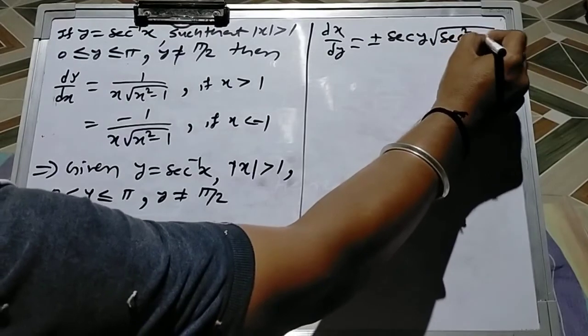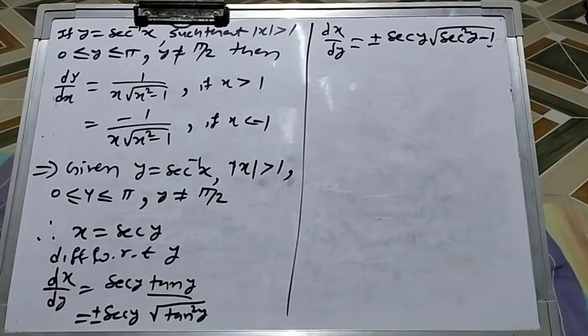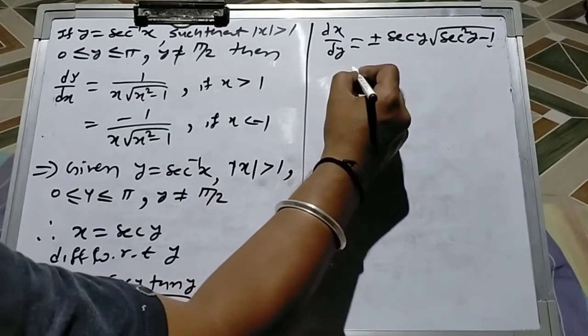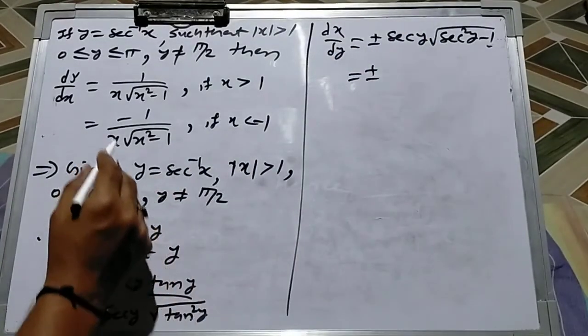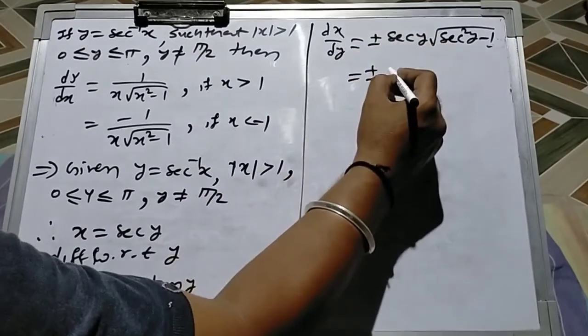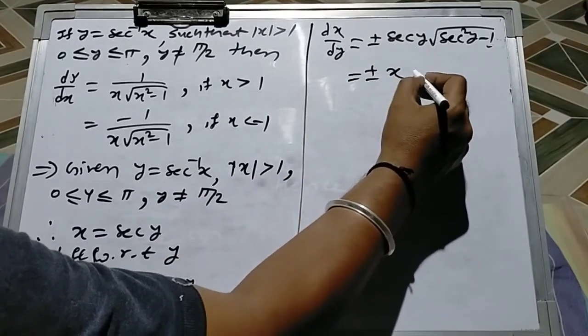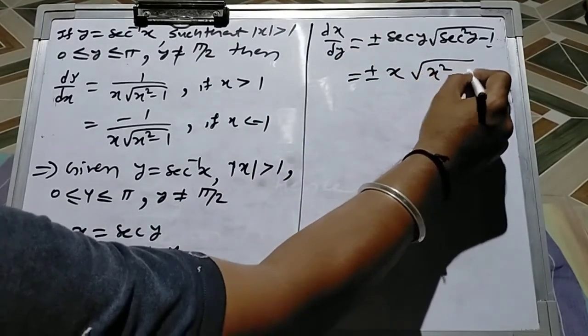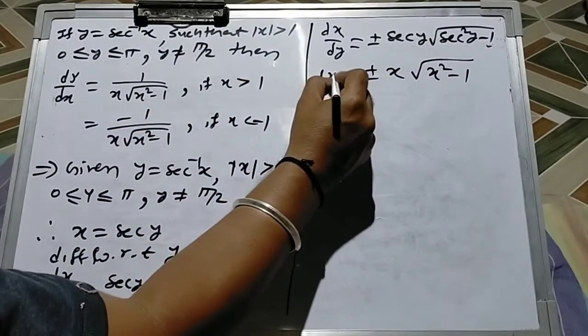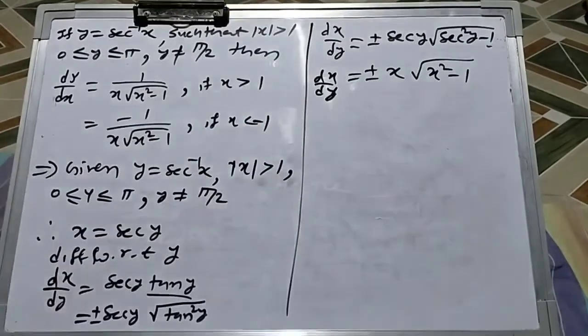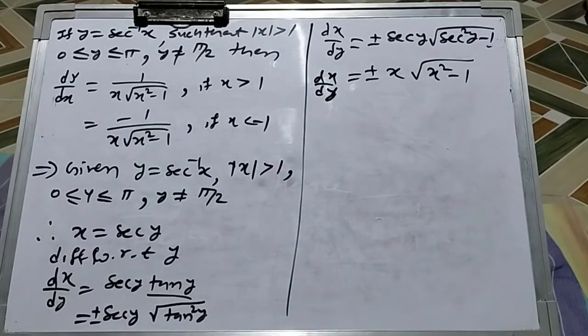So this is equal to ± sec y, which means x, so this term can be written as x√(x² - 1). So here dx/dy = ± x√(x² - 1).